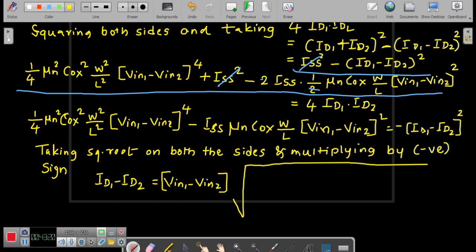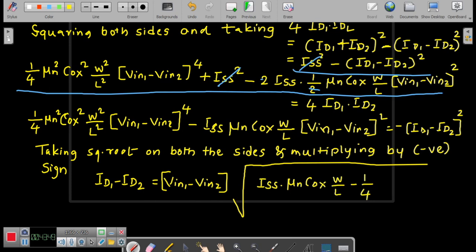So what I would have is this ISS mu n Cox into W by L minus 1 by 4 when I have changed the sign.